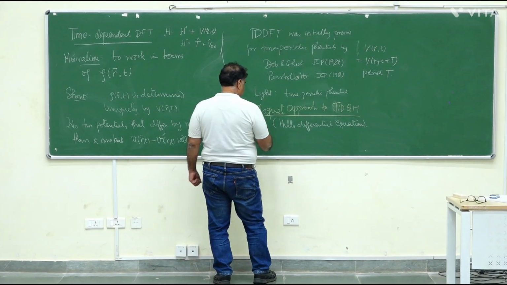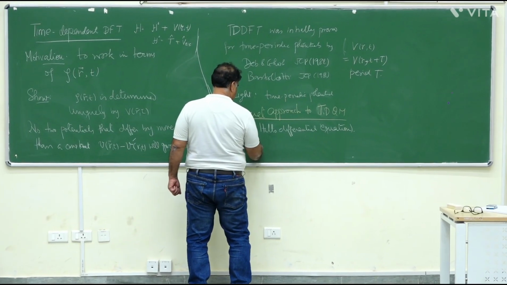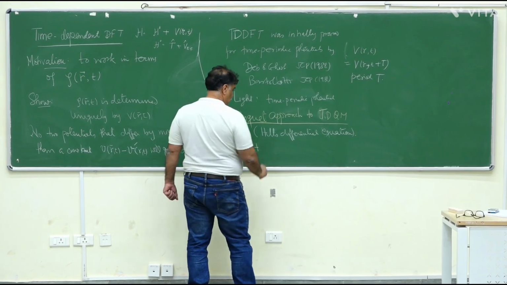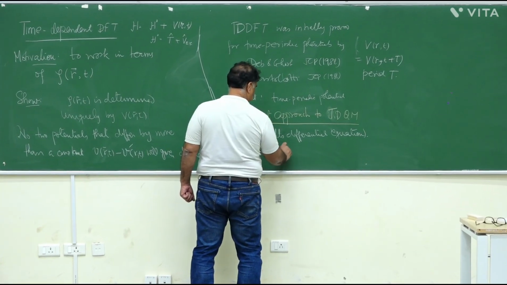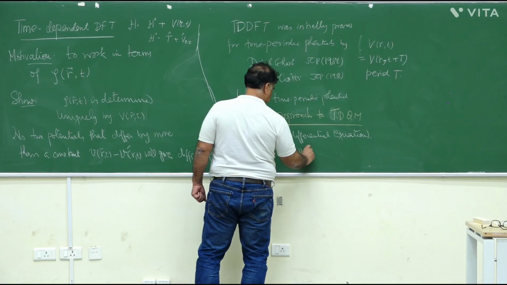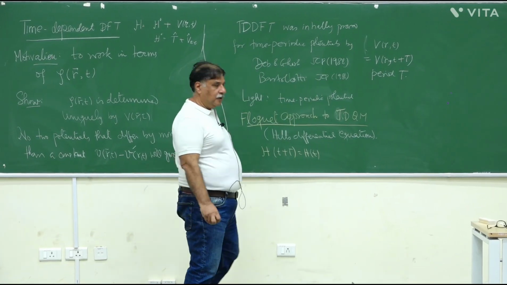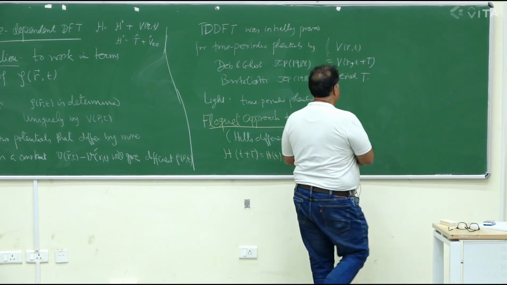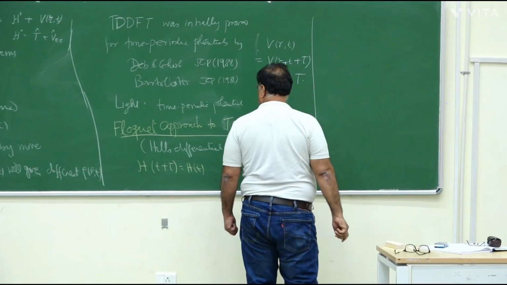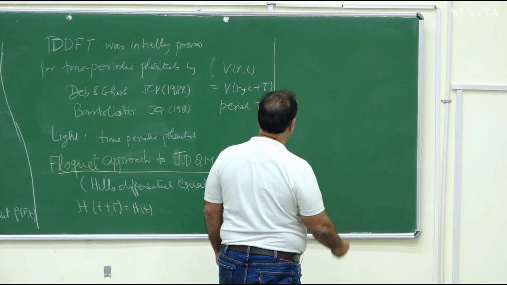So what it says is, if I have a Hamiltonian which is periodic in time, then the time-dependent wave function has a particular form.